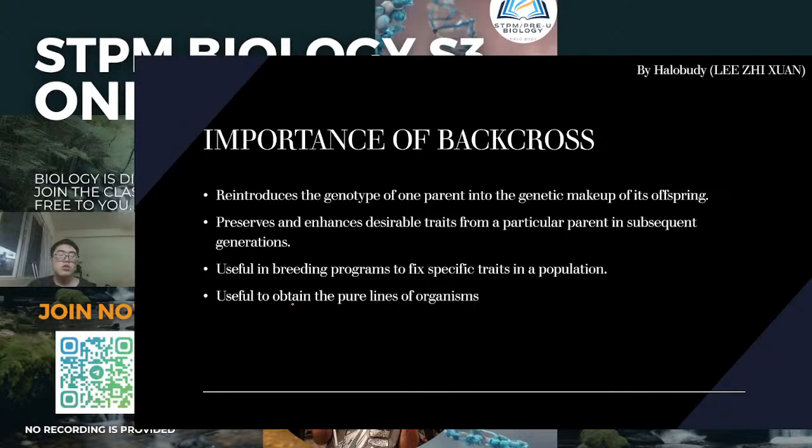Backcross is also used to obtain pure lines of organisms, because normally if scientists want a pure organism, especially for a dog and cat, which also have different types of genotype, some people focus more on pure ones.